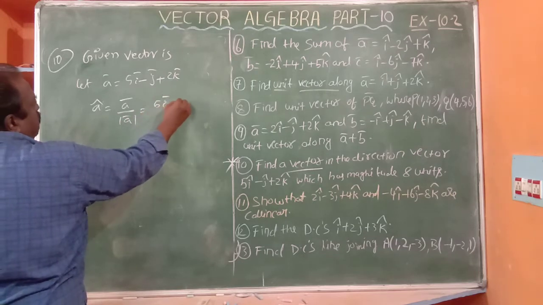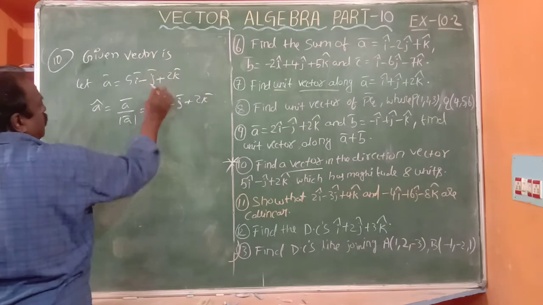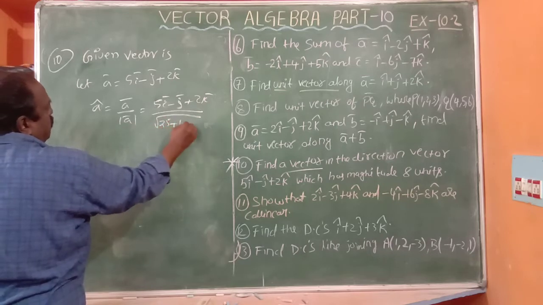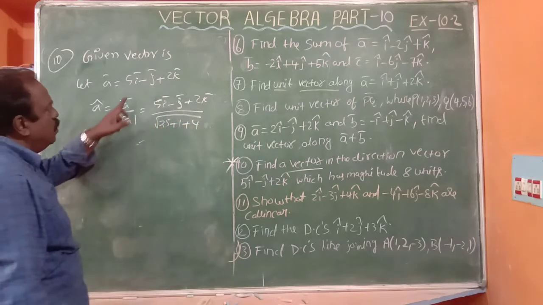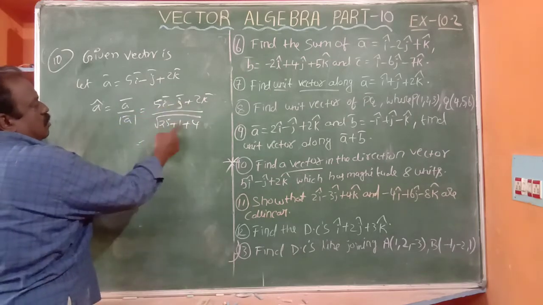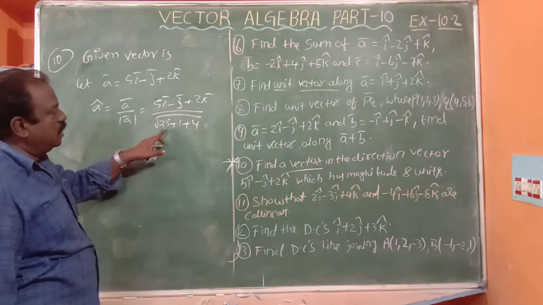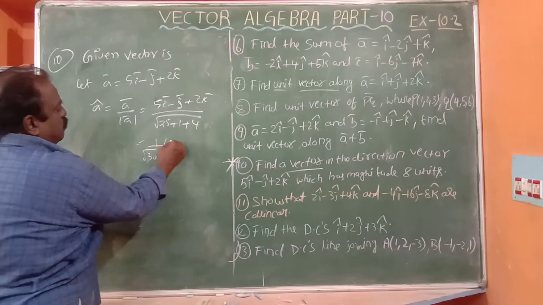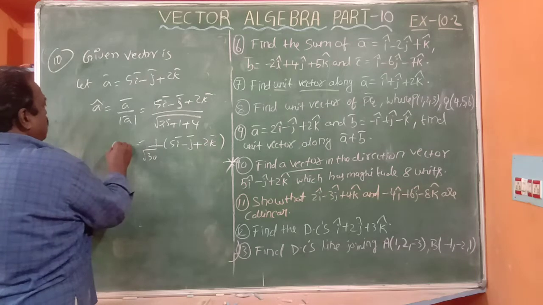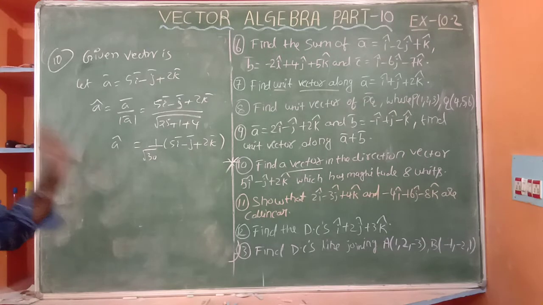That is 5i minus j plus 2k by root of 25 plus 1 plus 4. You agree? 5 square 25, minus 1 square 1, 2 square 4. This is root 30. That is 1 by root 30 of 5i minus j plus 2k. This is A cap, the unit vector along the given vector.